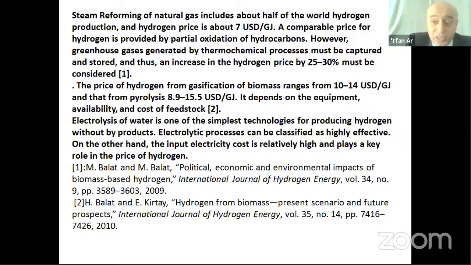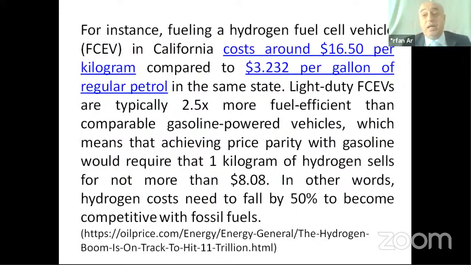Therefore, these processes should be developed. At least their efficiency must be increased. For instance, filling a hydrogen fuel cell vehicle in California costs around $16.50 per kilogram compared to $3.232 per gallon of regular petrol in the same state.